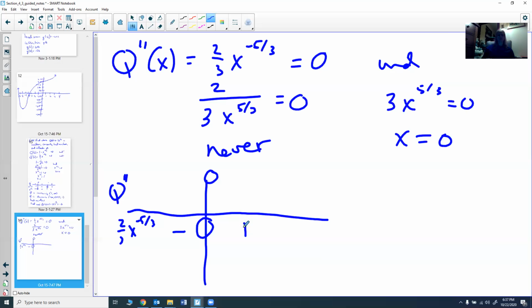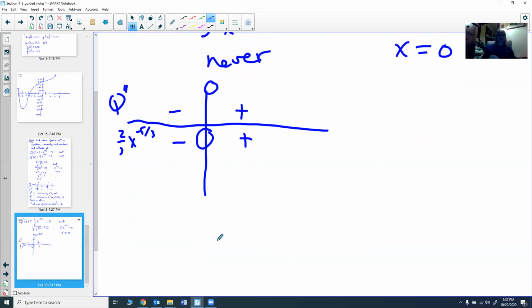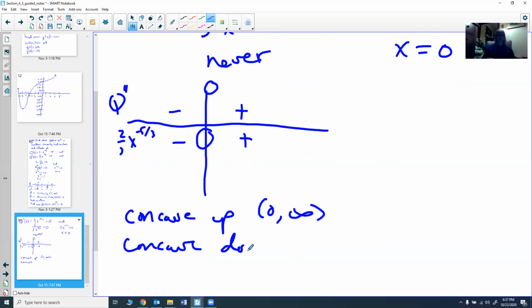If you take a number bigger than 0, it's going to be positive. So our second derivative is negative less than 0 and positive greater than 0. So I can now get my concavity. We are concave up wherever the second derivative is positive. So from 0 to infinity. And we are concave down from negative infinity to 0.